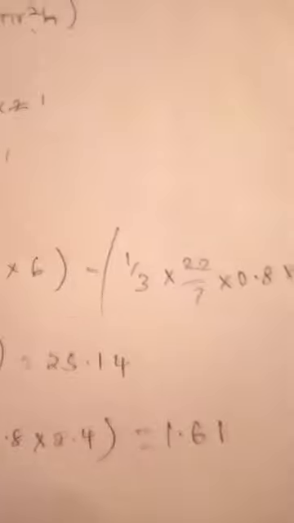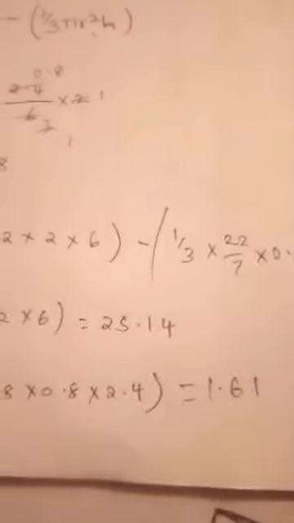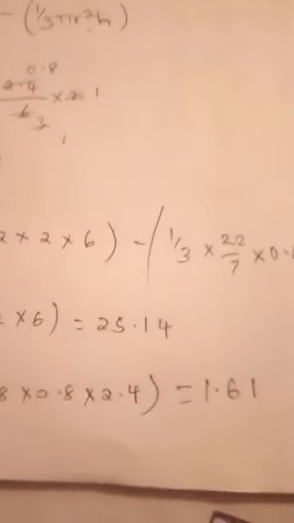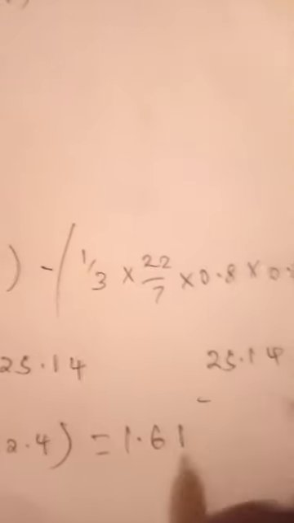And we know that to get the volume of a frustum, it is the difference between the volume of the larger cone and the volume of the smaller cone. So this becomes 25.14 minus 1.61.